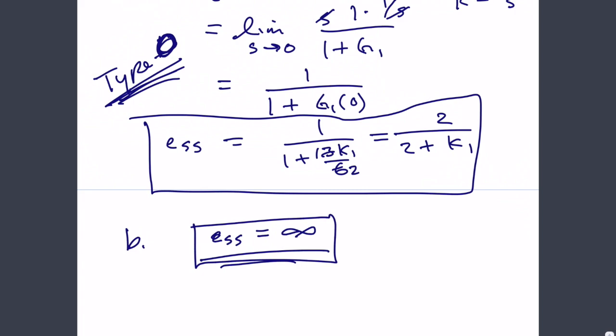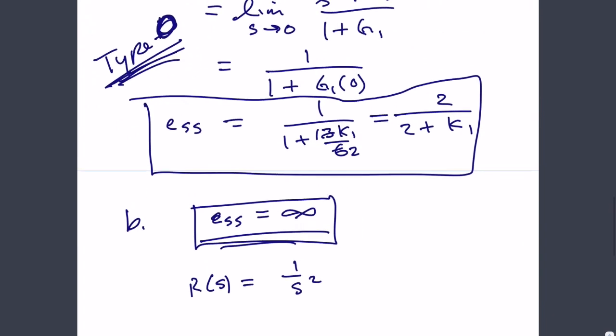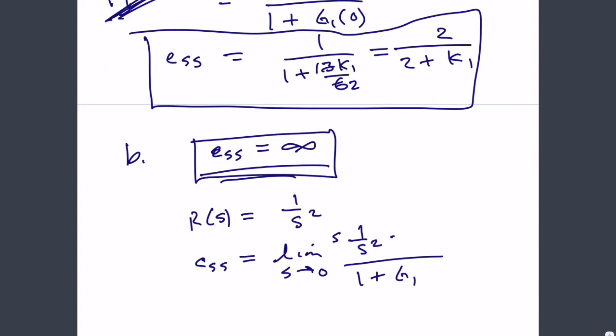If you were curious about how that works out, what's the math behind that? What we have here for a ramp is that R of S is 1 over S squared. So we plug into the same equations and we get ESS is the limit as S goes to 0 of 1 over S squared times S divided by 1 plus G1.